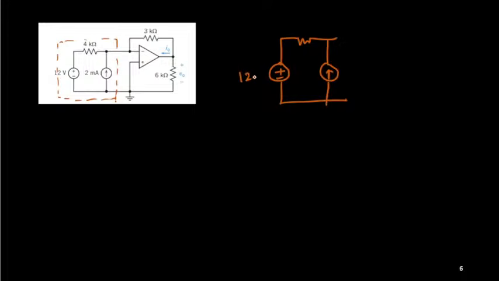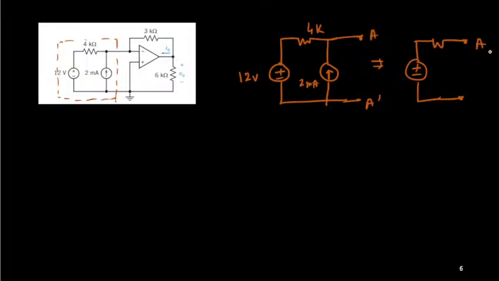So 12 volt, and this is your 4K, and this is your 2 milliampere. This node, suppose it is A and A prime. Can I find one Thevenin voltage and one Thevenin resistance between these two nodes, A and A prime?